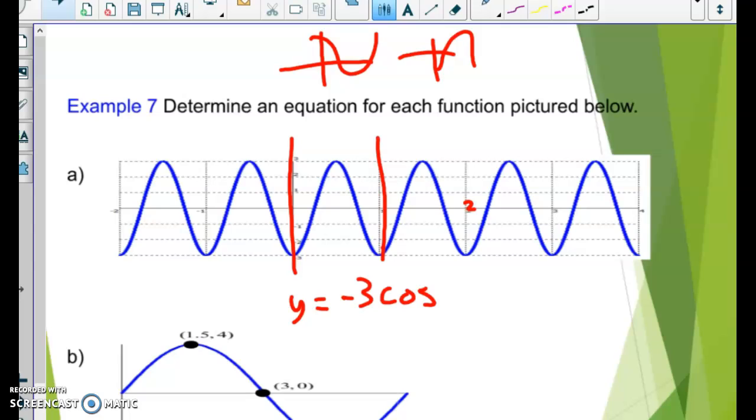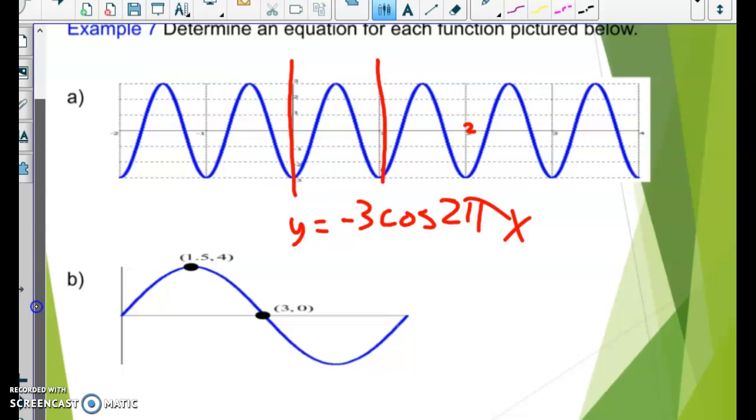So to get a period of 1, we know we take 2 pi divided by whatever here. So if I put a 2 pi there, I know that I'm going to have 2 pi divided by 2 pi gives me 1. And then I need to have an x. There is no shift left or right, so I'm going to put that right there. So that's my equation of that.